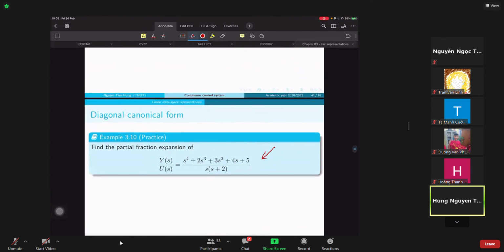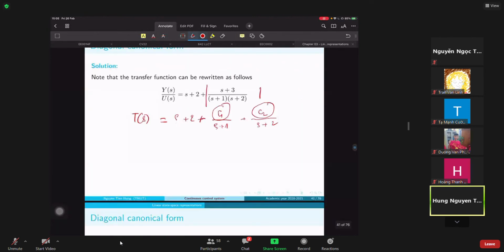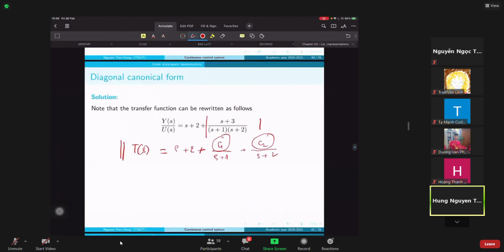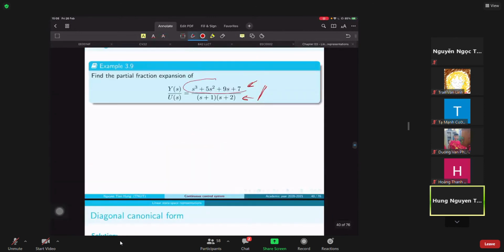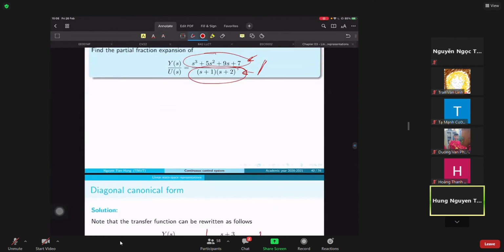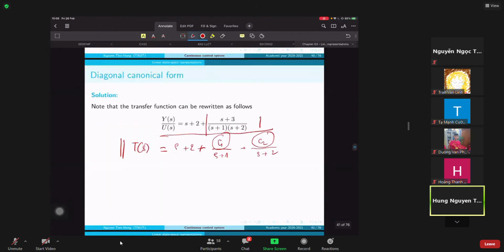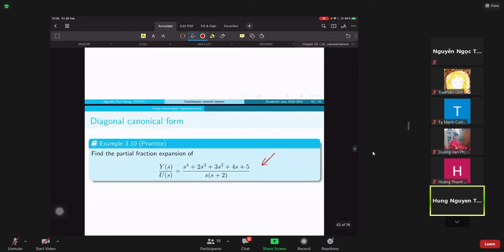Now you have to represent it in this form. Meaning that we have to take the numerator divided by the denominator and get this form first, and then find C1, C2 later. Okay, so practice.